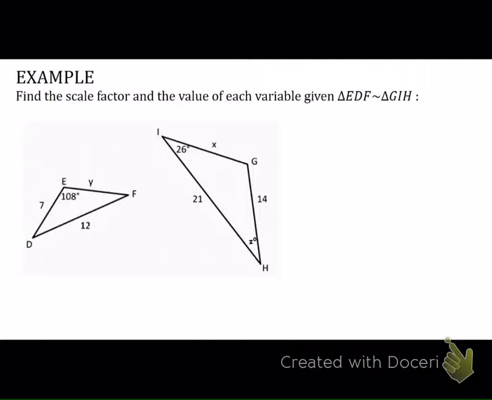Carmichael? They're congruent. So E is corresponding with G. So if E is 108 here, what is G? 108, because the corresponding angles are congruent. So if this is 108, so is that one. So I is corresponding with D, and H is corresponding with F.